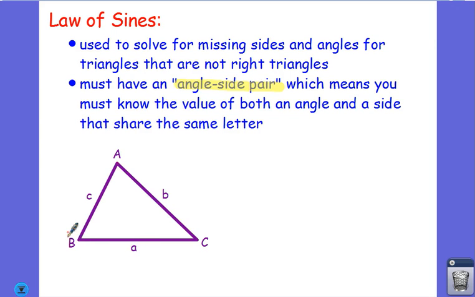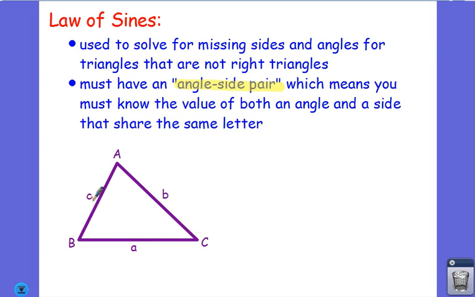Angle B will always be directly across from side B, which is lowercase, and angle C will always be directly across from side C. So when you are drawing your triangles throughout this lesson, you're going to draw a triangle that looks just like this. Capital A across from little a, capital B across from little b, and capital C across from little c.